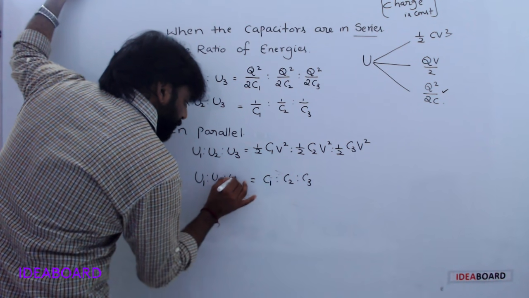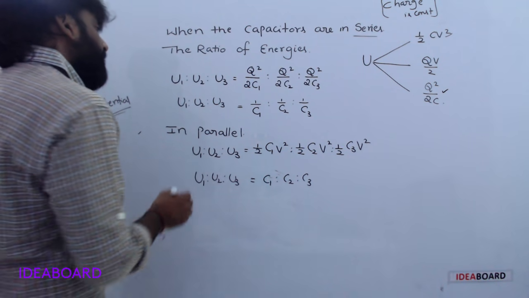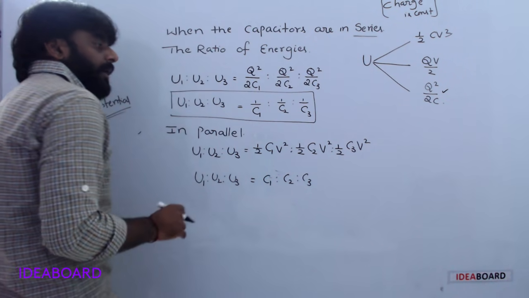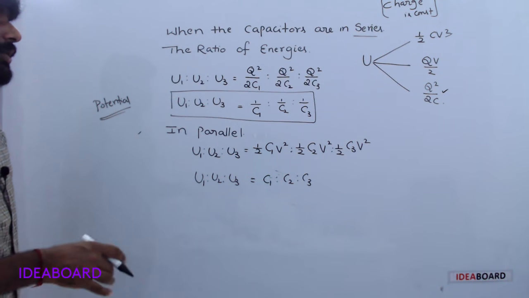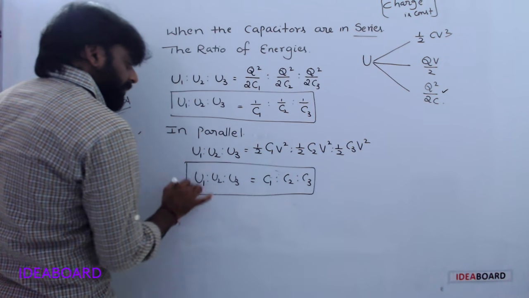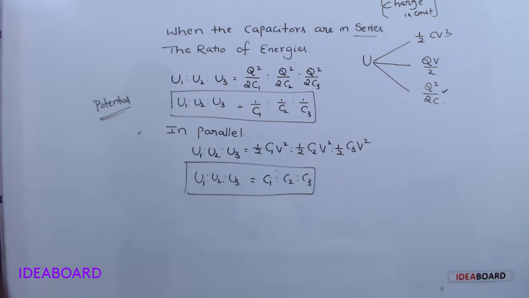U1 : U2 : U3 is equal to C1 : C2 : C3. Understood? Okay. Here in series combination, 1/C1 : 1/C2 : 1/C3. In parallel combination, C1 : C2 : C3.